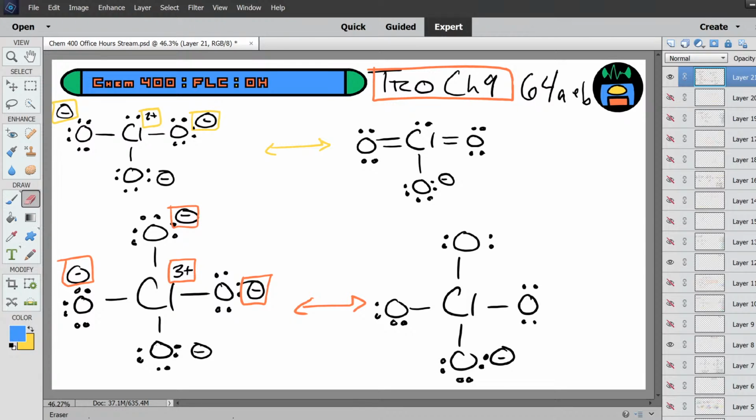It's these lone pairs. You take 1 lone pair off, turn that into the double bond. That is how you get those multiple bonds to chlorine. And then this would be our final answer.